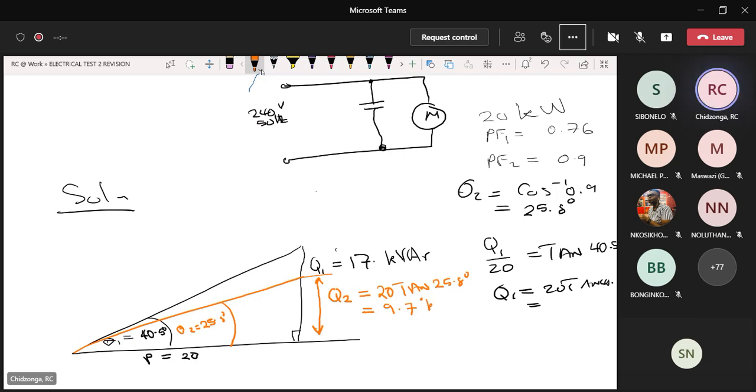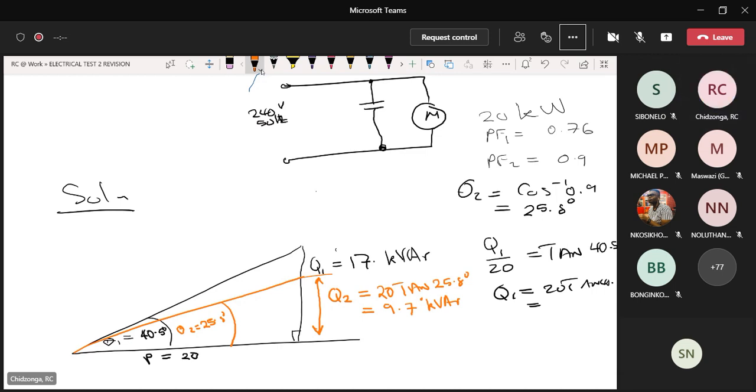All right, this is kilovolt ampere reactive. So to get a power factor of 0.9, Q2 must be 9.7, and P must still be 20.